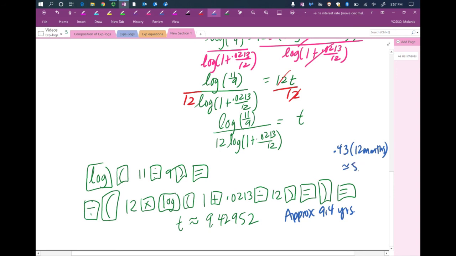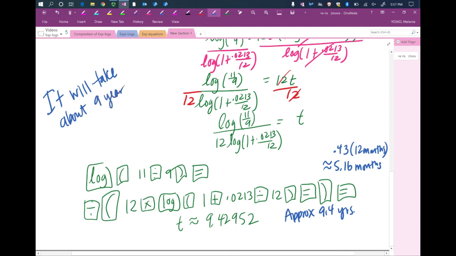That's like 5.16 months. So it will take about 9 years and 5 months to earn the $22,000 we're looking for.